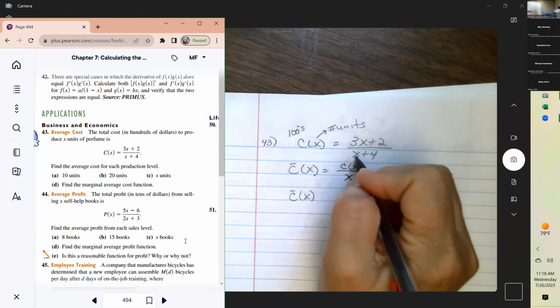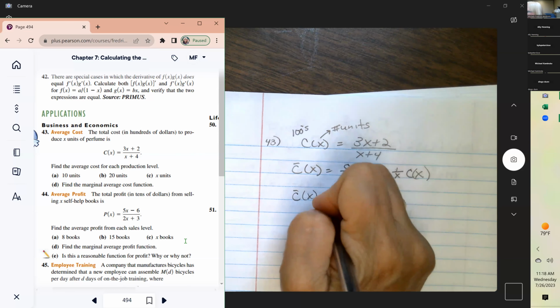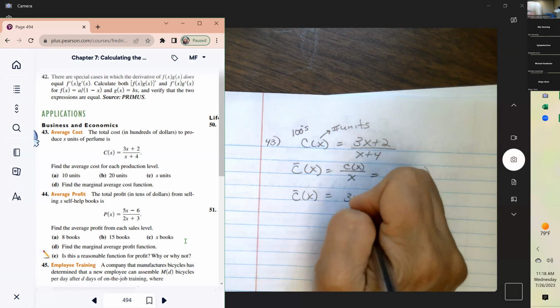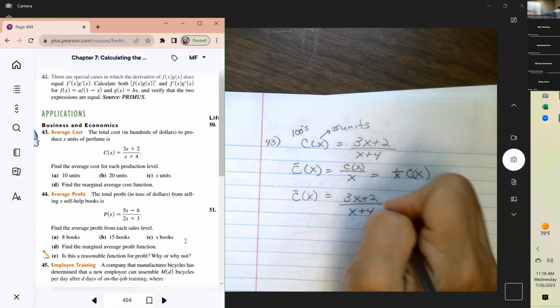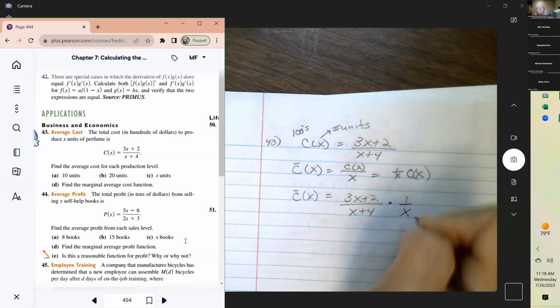Instead of dividing this whole thing by X, we can multiply by 1 over X.